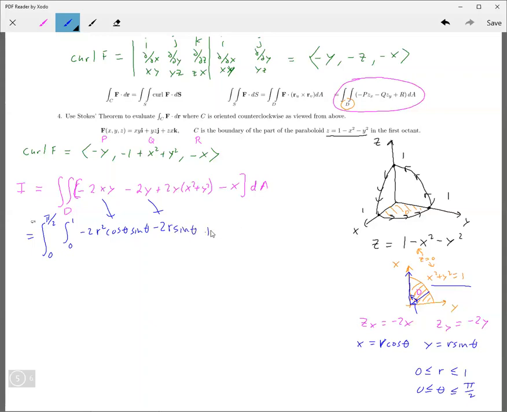This one is plus 2r times r squared, and that's r sine theta. So this is going to give you 2r cubed sine theta, and then this is minus r cosine theta, and then all of that multiplied by r, and then dr d theta. Ouch.